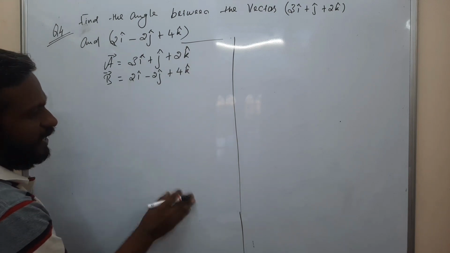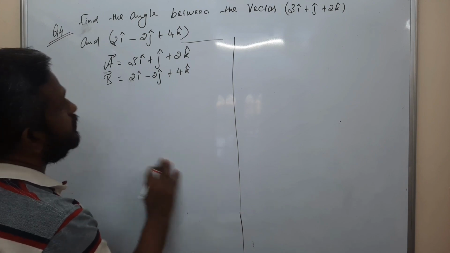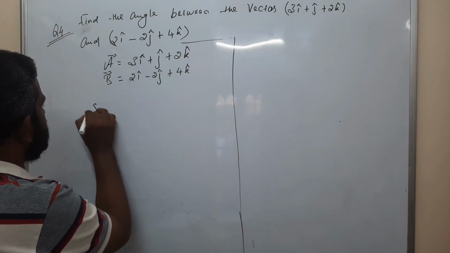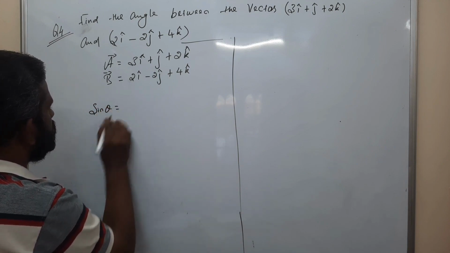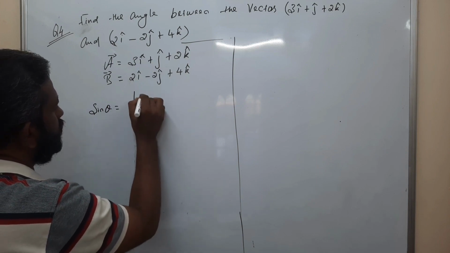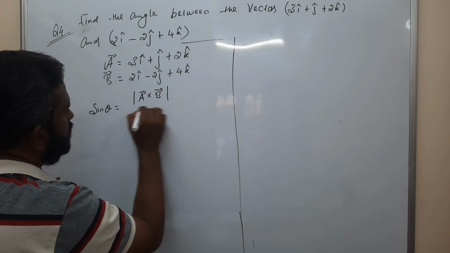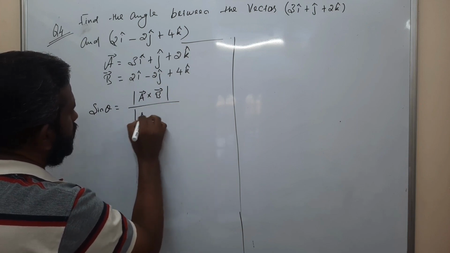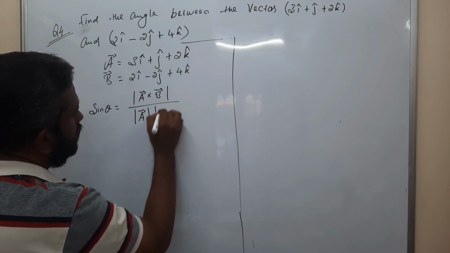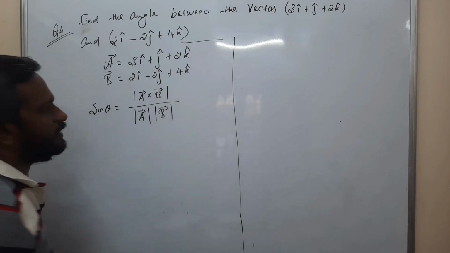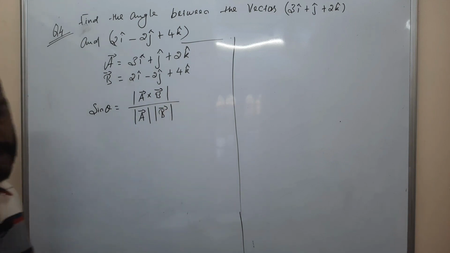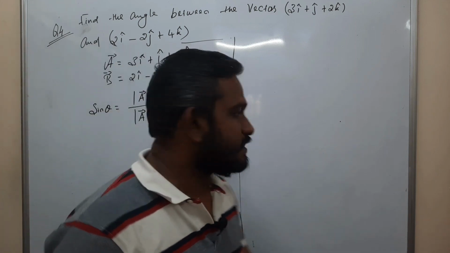So the sine of the angle between these two vectors, what is the formula? That is sin theta is equal to modulus of a vector cross b vector divided by mod a vector mod b vector. This is the formula to find the sine of the angle between two vectors.